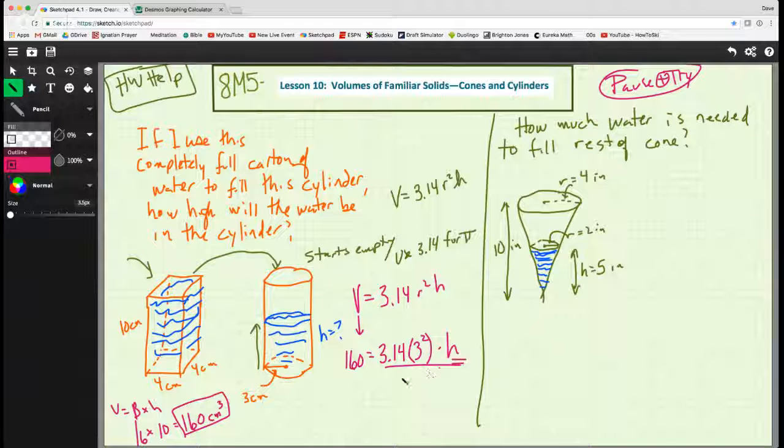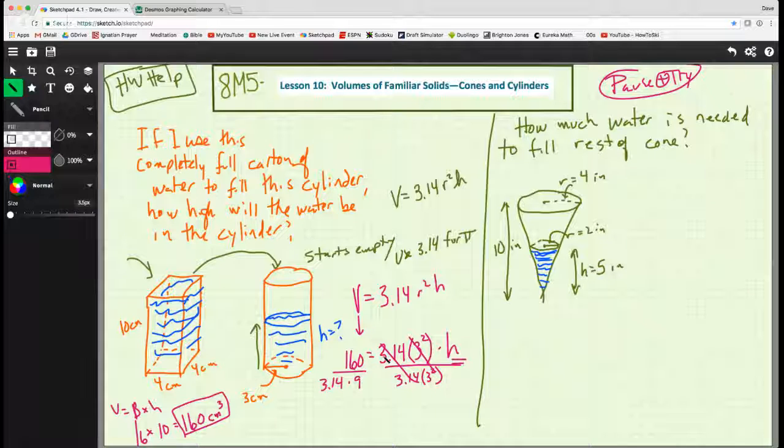So we're going to divide both sides by 3.14 times 3 squared. Divide this by 3.14 times, we'll just call it 9. That's 3 squared. This will cancel. And so our h is, and I'm going to my calculator right now, 160 divided by parentheses 3.14 times 9, close parentheses, equals.